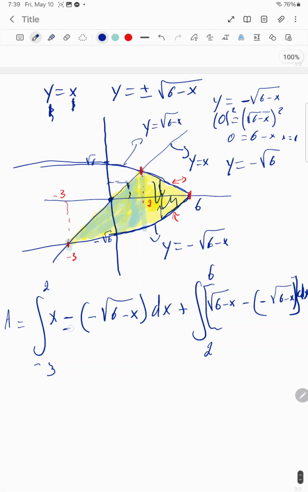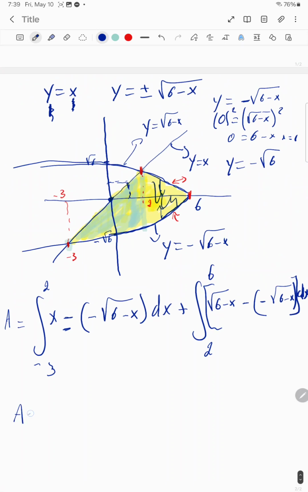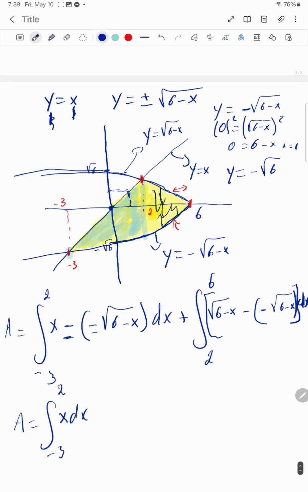Now, because I have the minus here, I can split it into two integrals. The area is equal to the integral between minus 3 and 2 of x dx, and minus times minus is plus, the integral between minus 3 and 2 of square root of 6 minus x dx, plus, let's see what I can do.